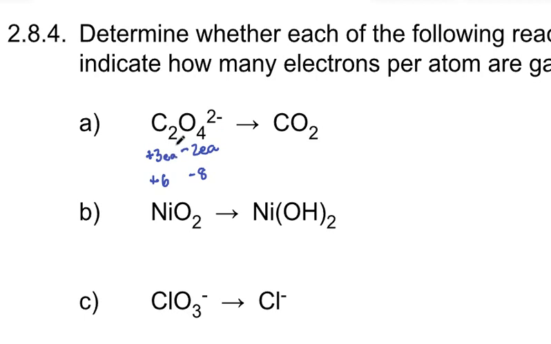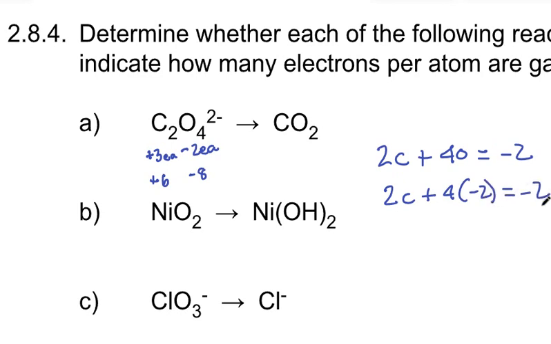If you wanted to do this as an equation, I won't do this every time, but if you wanted to math that out instead of talking through it, you would write 2C plus 4 O's equals -2, and oxygen is -2 for charge, so we'd have 2C plus 4 times -2 equals -2. This is an equation you can solve.